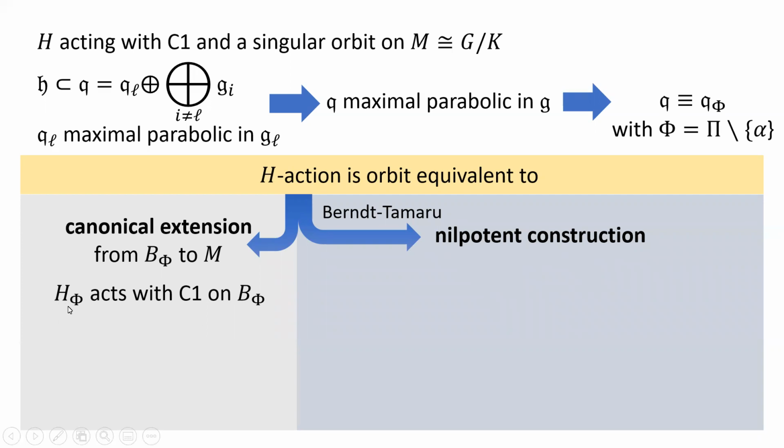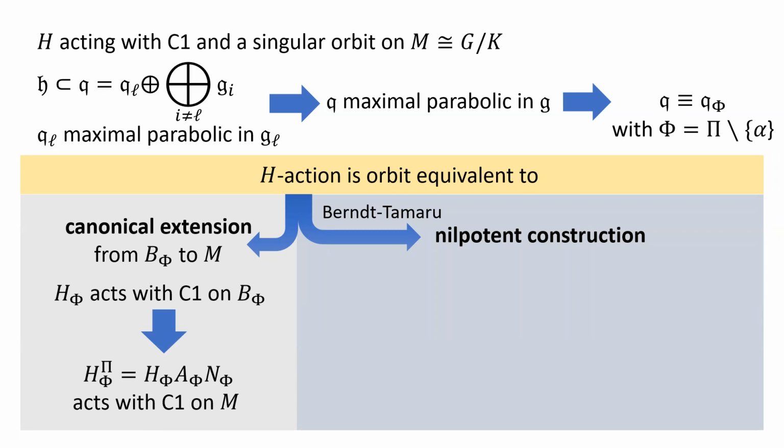So we are given a cohomogeneity 1 action here. Now we simply attach the Lie group A phi and phi. This turns out to be a Lie subgroup of G, and it acts with cohomogeneity 1 on the big space. This is the canonical extension. So you need to give me phi, a set of simple roots, and a group acting with cohomogeneity 1 on a lower rank space.